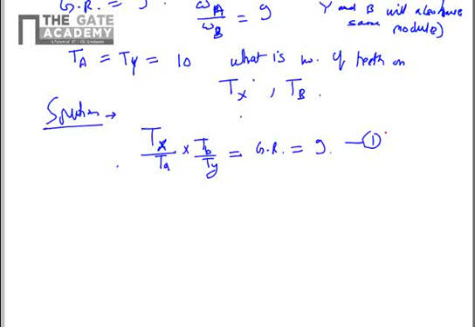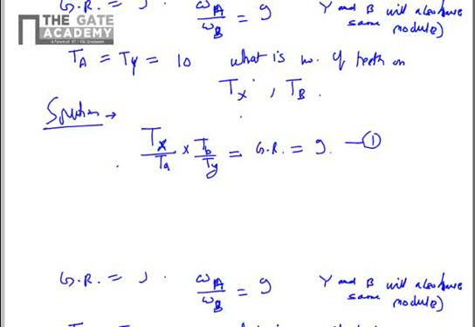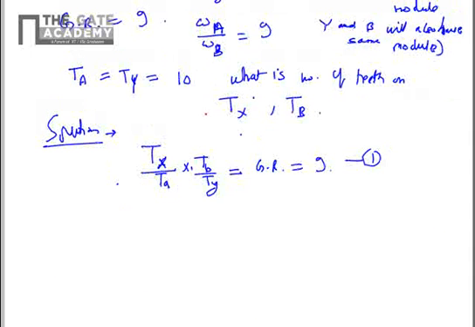Now in this equation we know TA and TY that are equal to 10, but we don't know the value of TX and TB. So for that we have to find another equation, because we have two variables and only one equation.